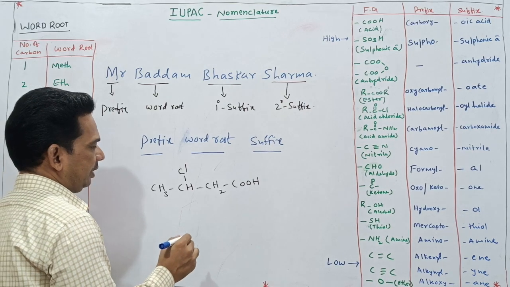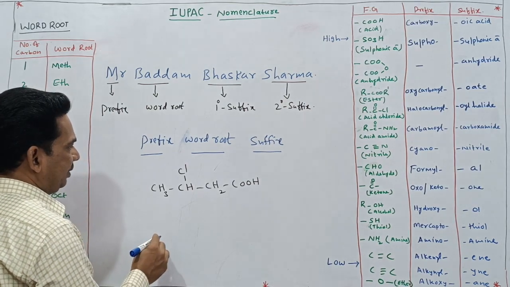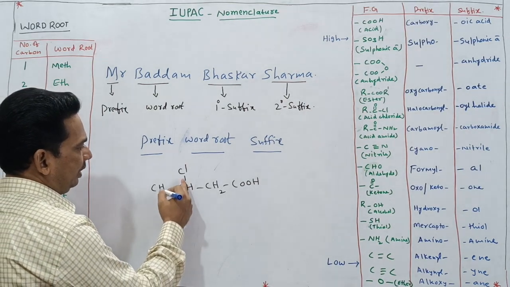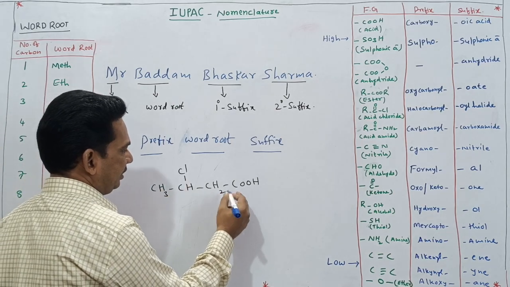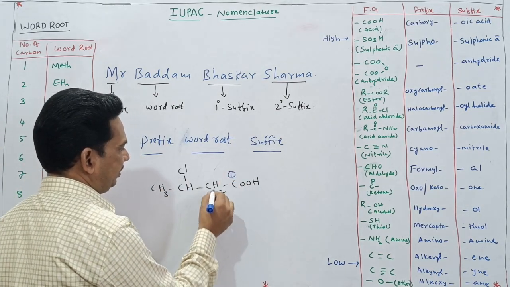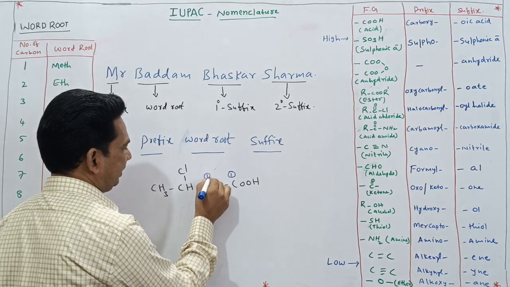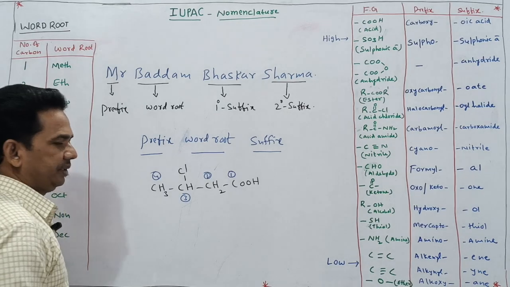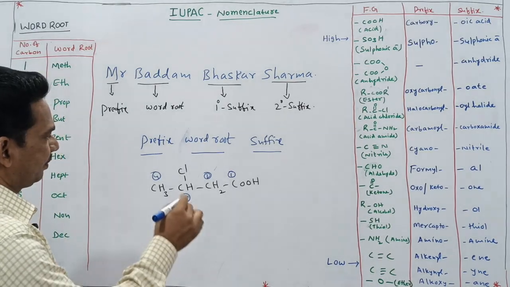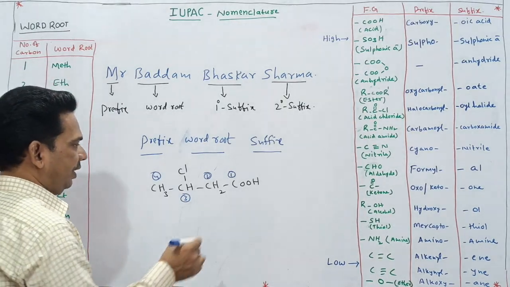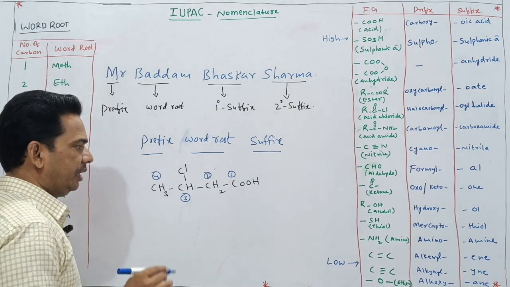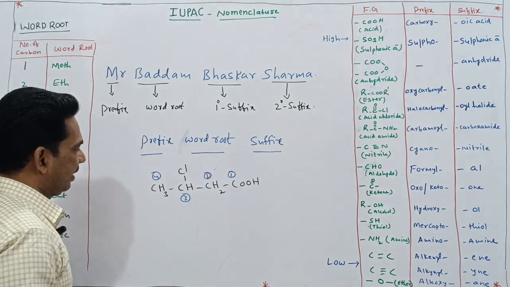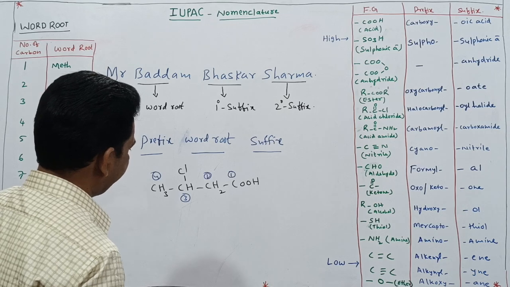That's why it is called butane, when 4 carbons are there. This carbon will be at the first position, this second, this third, and this fourth. I will explain why we give numbering in this order, why this acid group gets the first position.